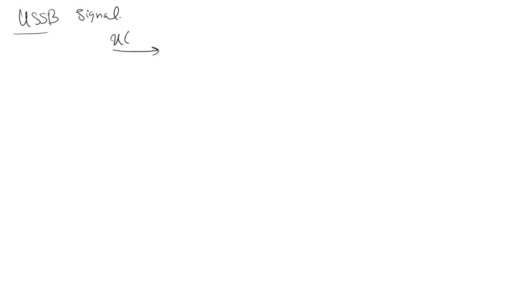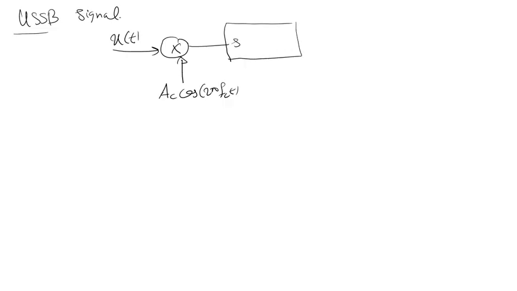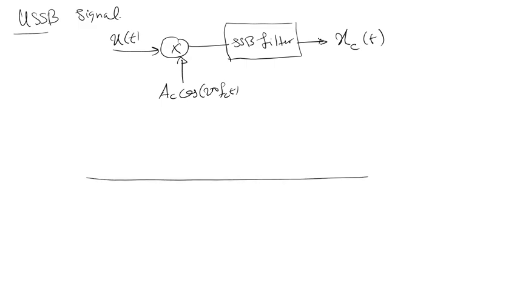We have DSB, x(t) multiplied by carrier A_c cos(2π f_c t). Then we use a filter to separate sidebands. We call it the SSB filter. And at the output we have the USSB signal. For example, this is the spectrum of DSB.